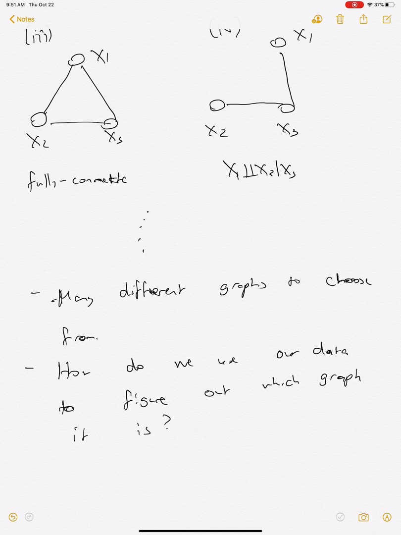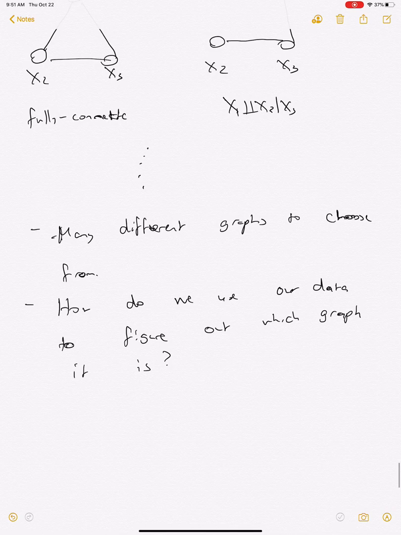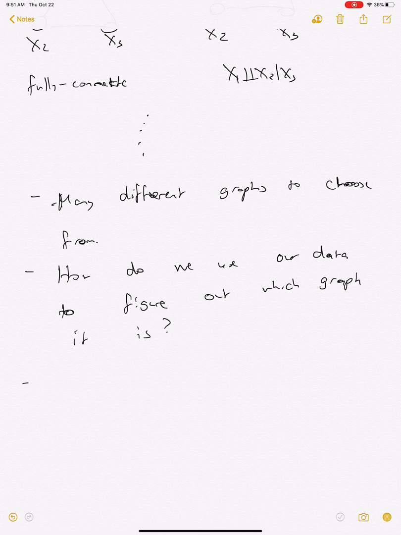So this becomes an extremely difficult question. In fact, there's 2 to the p, or in this case 8 graphs to choose from.